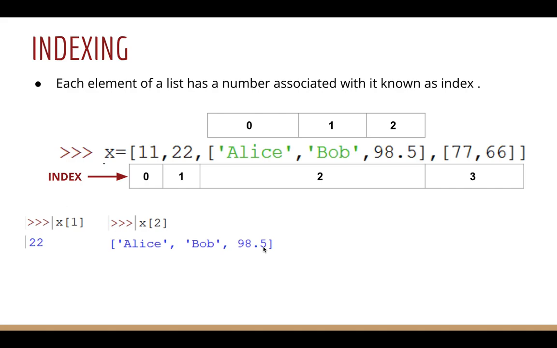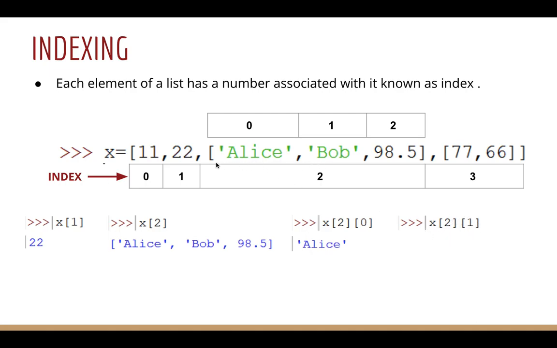Now if I have to access only Elise, then what I'll write? I'll write x[2][0]. At first we need to access the main index, which is 2, then the index within the main index, that is 0. So x[2][0] is pointing towards Elise.